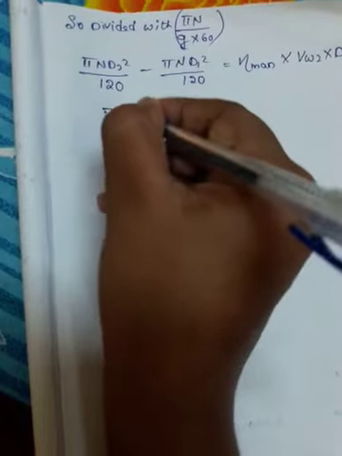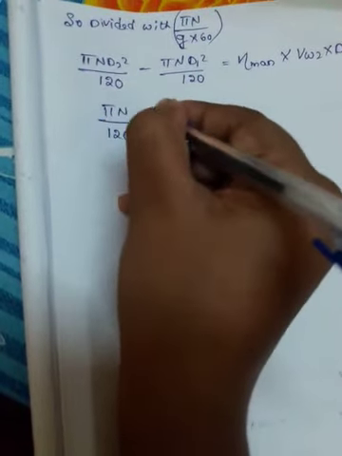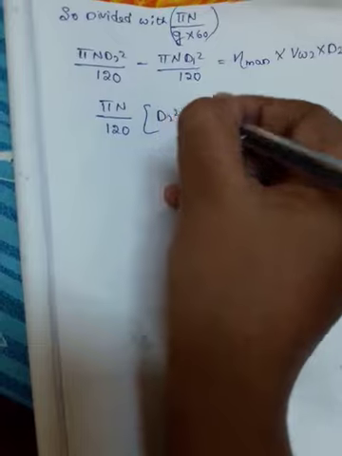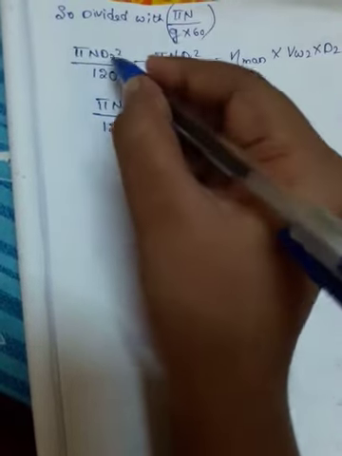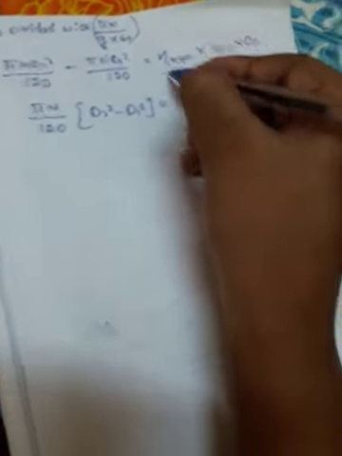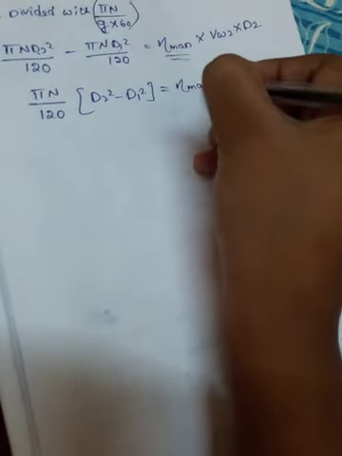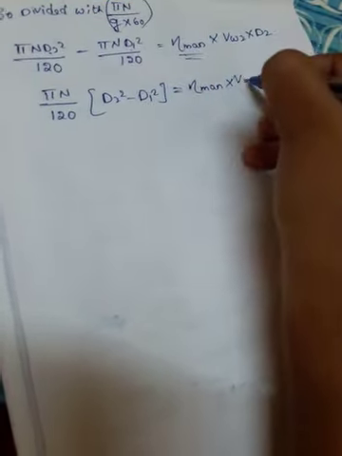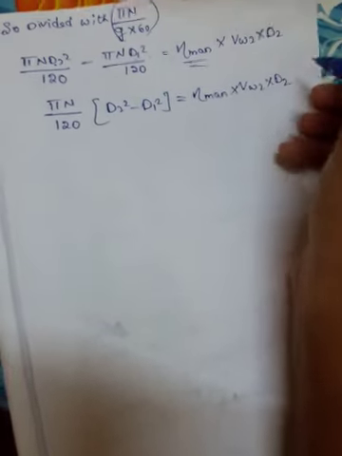So coming to the next step, pi N by 120 into (d2 square minus d1 square) equals eta MAN into Vw2 into d2.